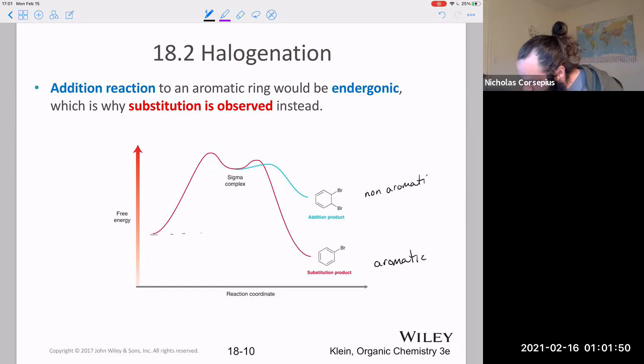If we had broken that aromaticity, it would be an endergonic reaction, a thermodynamically unfavorable, non-spontaneous reaction. There are a few ways you could say it. This is indicative of a positive delta G, which is bad. Anyways, it's all about the fact that you're breaking that aromaticity.